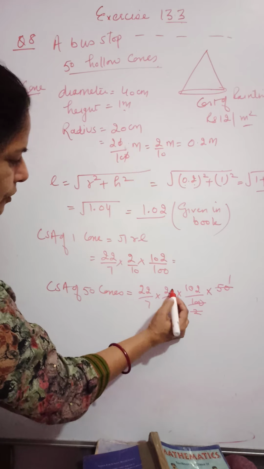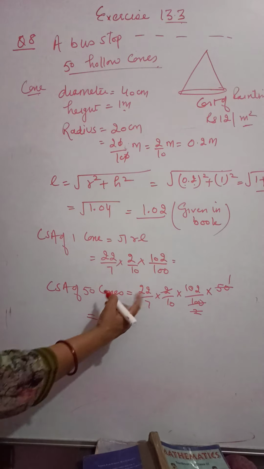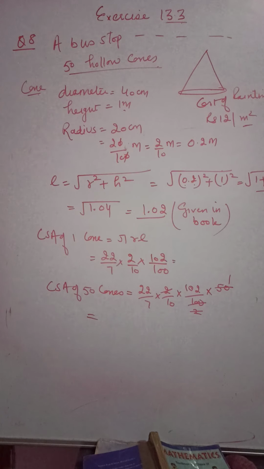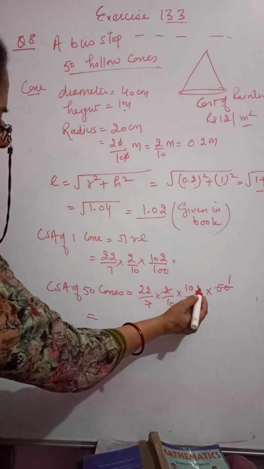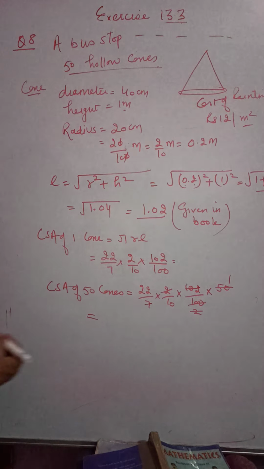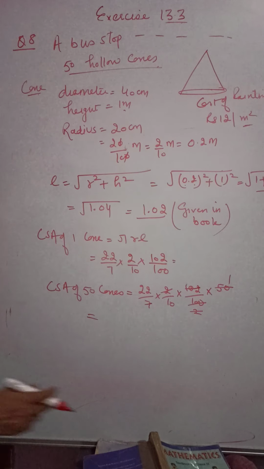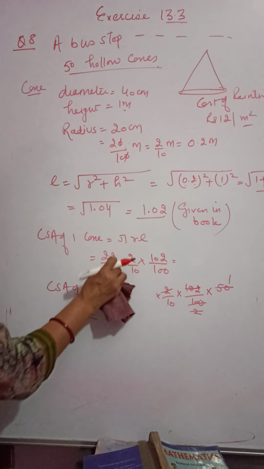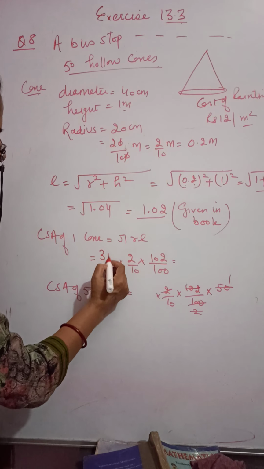When you solve this, it will come out to be 32 centimeter square. Here you will not use pi as 22 by 7. It is given that you will use pi as 314 by 100.